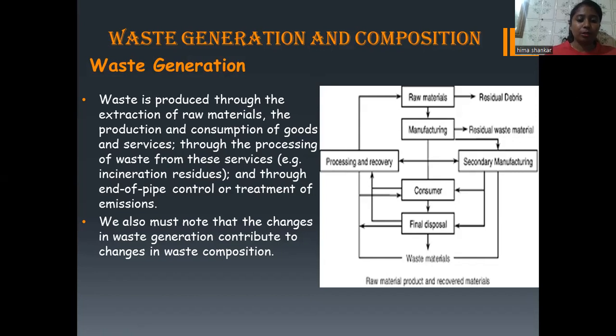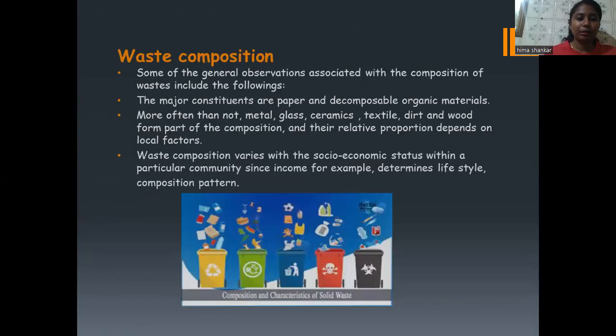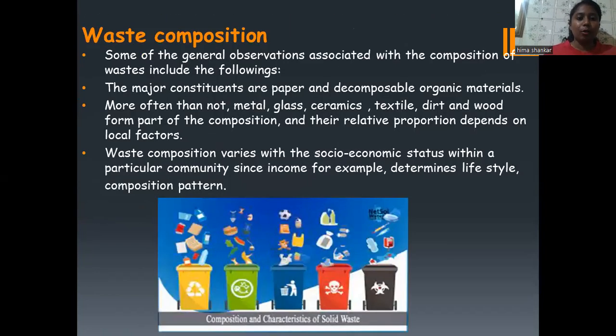We must also note that changes in waste generation contribute to a change of composition. Waste composition. Some of the general observations associated with the composition of waste include the following. The major constituents are paper and disposable organic materials.